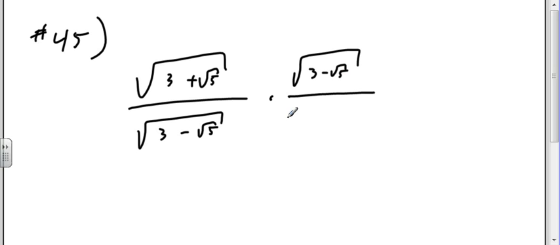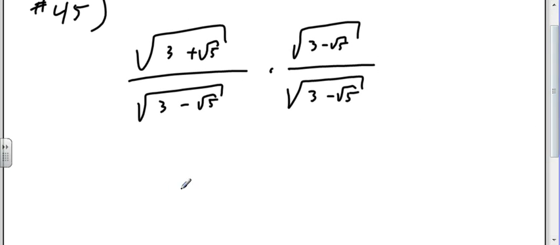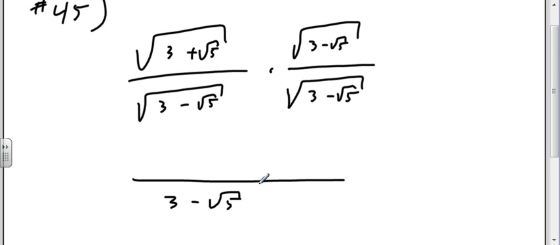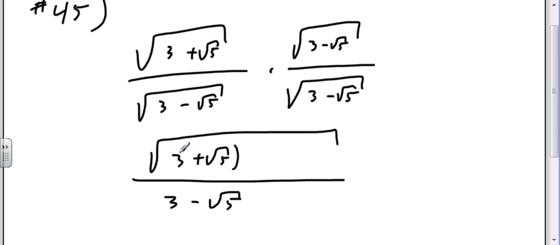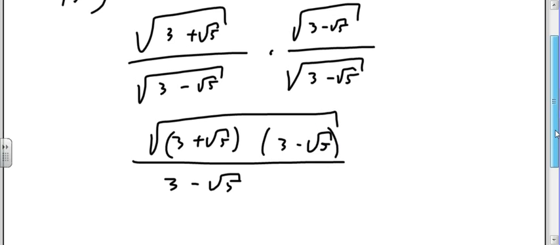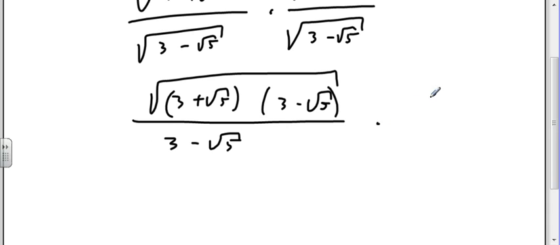I think that's what we have to do. On the bottom, we end up with 3 minus 5. And on the top, we end up with the square root of 3 plus the square root of 5 times the square root of 3 minus the square root of 5. Okay, so that looks all right. And then we're going to rationalize the denominator, so we're going to multiply top and bottom by 3 plus the square root of 5.